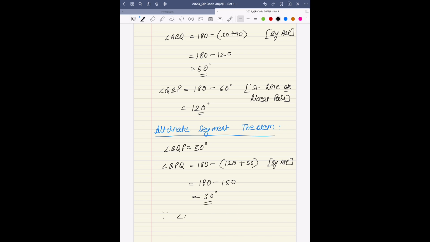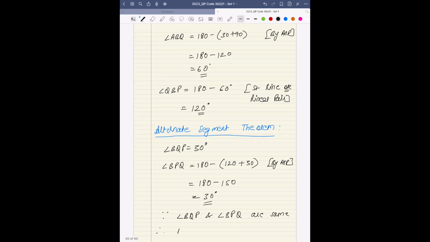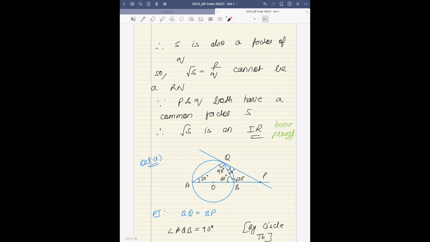Since angle BQP and angle BPQ are same, hence BQP is an isosceles triangle, hence BQ is equal to BP, hence proved. Okay, this is how we will prove this question. So it's a good question because generally this theorem we leave. Why? It comes later in the book. But to make sure, if you're doing one chapter, then do it completely.